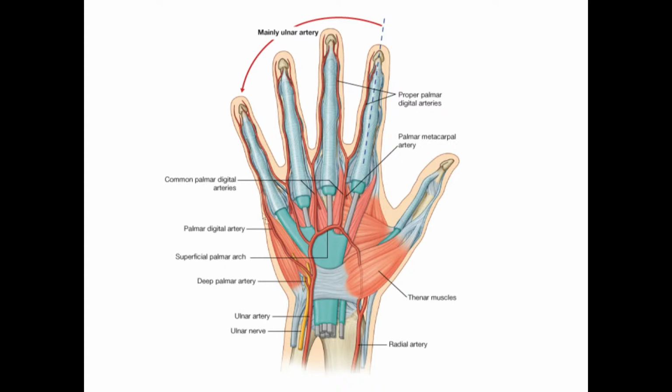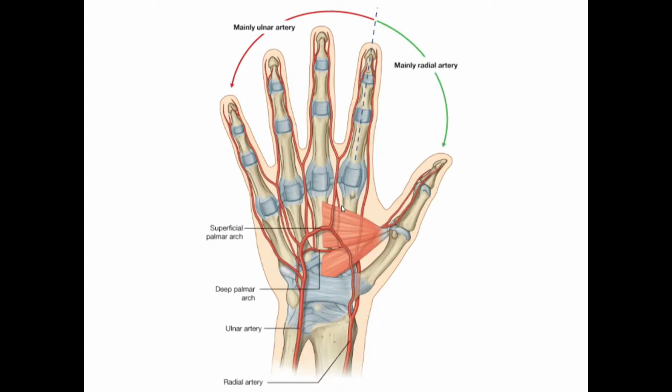And as you see, we have here palmar digital arteries, right? This is a palmar digital artery. And these both are common palmar digital arteries. You can call it the same way, either common or palmar one. I will talk about the deep one later. The same photo for that.